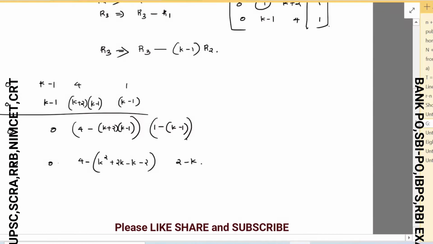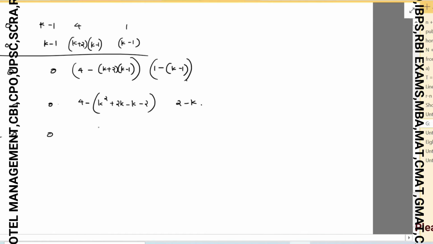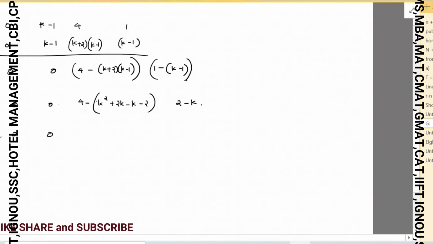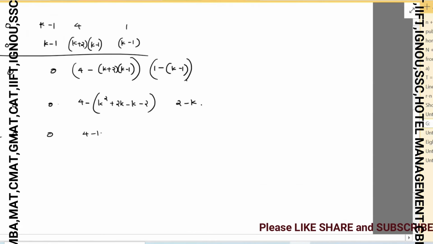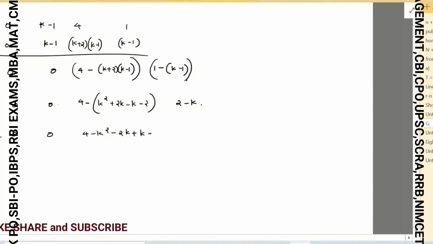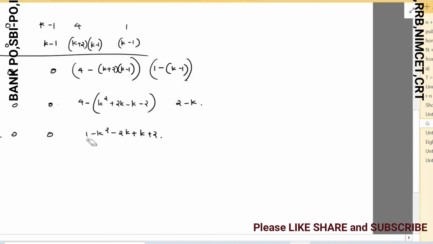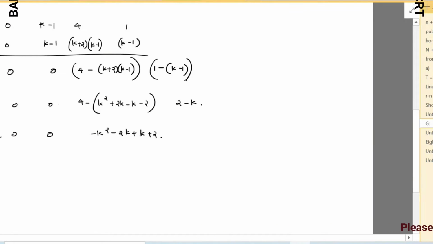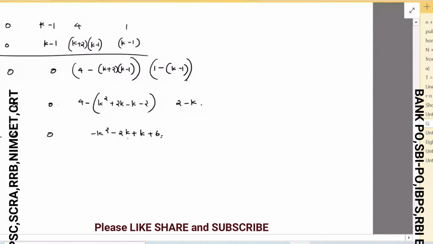So which is the same as 0, 0, 4 minus k square, taking the minus inside, minus 2k plus k plus 2, which will be the same as minus k square minus 2k plus k plus 6. Minus 2k plus k is minus k.